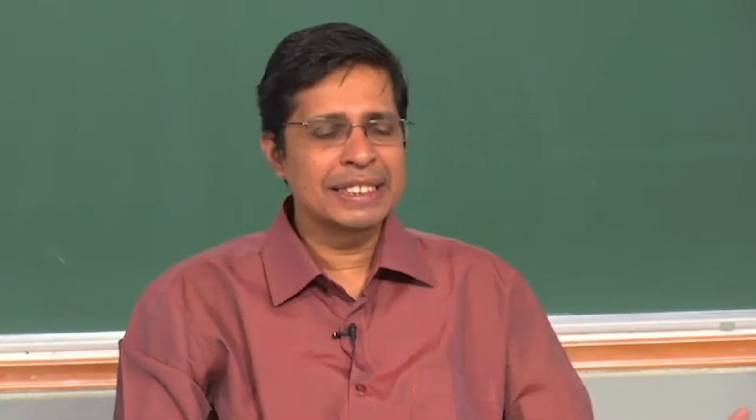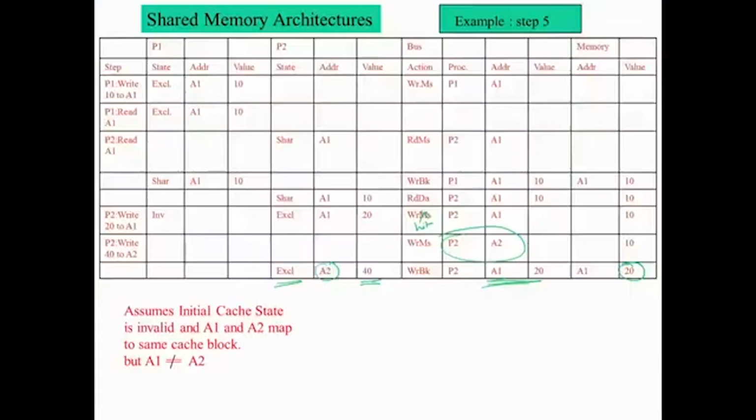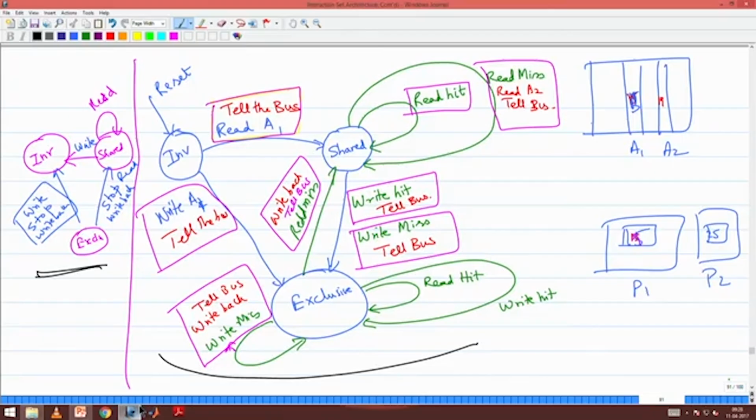So what we have done is, we have taken this state machine and we have explained the different steps of the state machine. Okay, before we go to the next thing, essentially this is the state machine and we want to verify each of these actions, right.